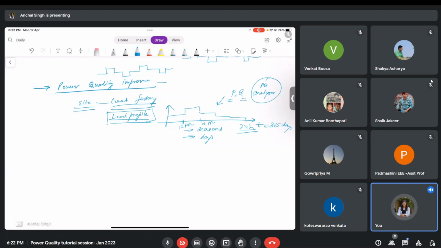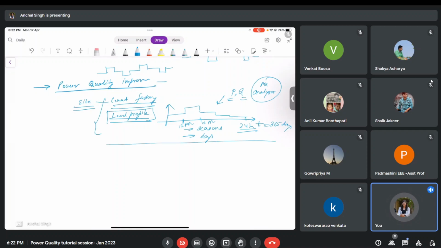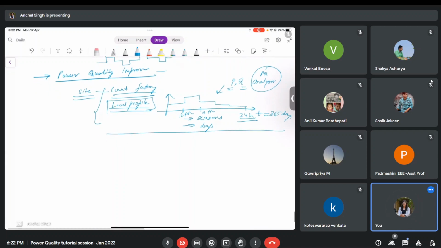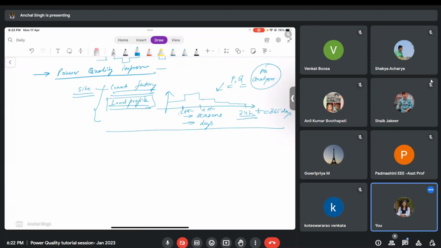So based on this data and this analysis of the load that is present on that cement factory, I will decide. If I have a load profile like this, which is sort of constant for a lot of time, and only during one season it has a peak, so if I can simplify my load profile like this, what does this tell me?